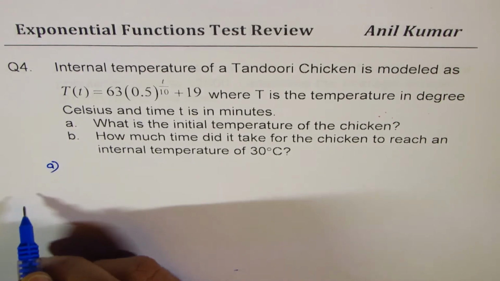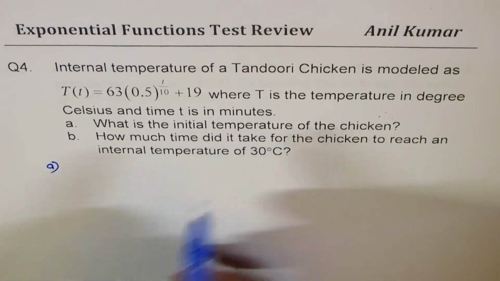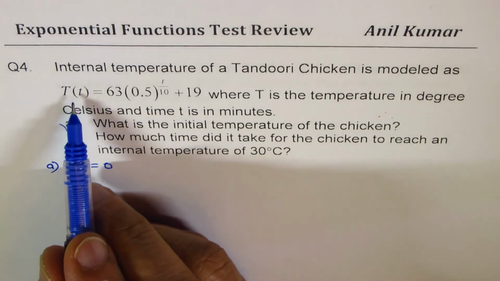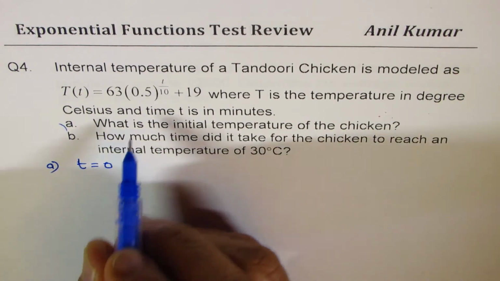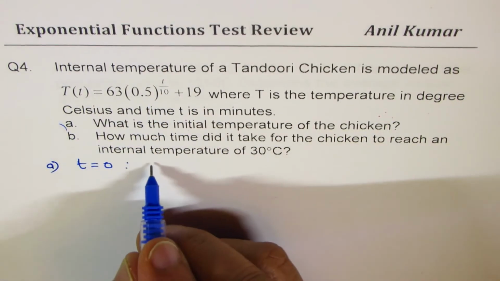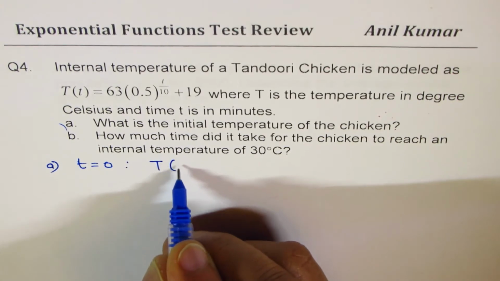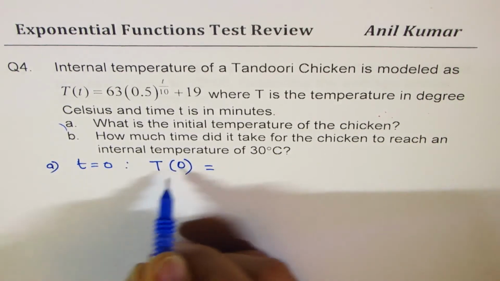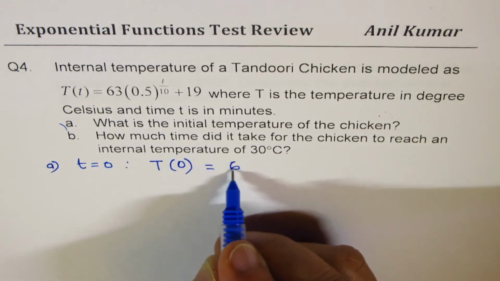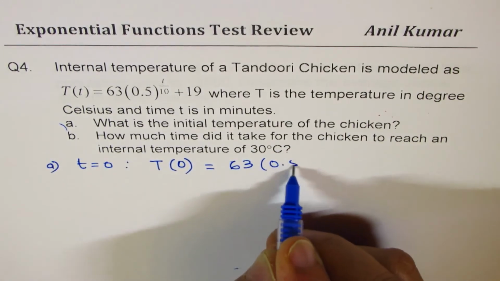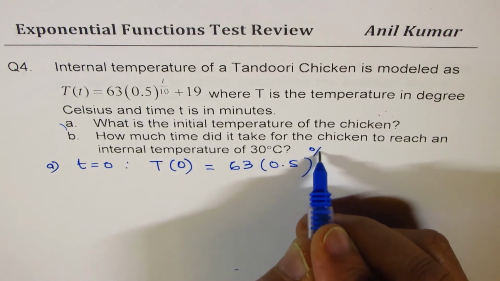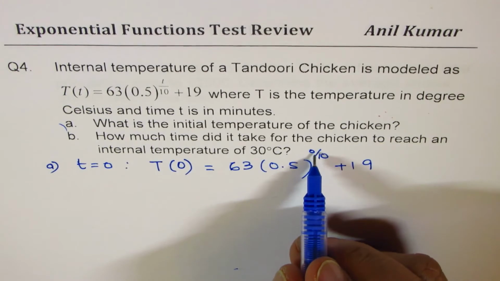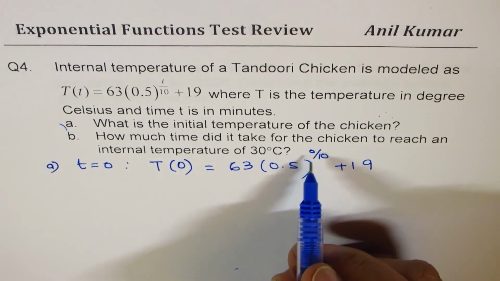So let's do part A. When we say initial temperature, it means time t equals 0. Is it okay? So let's figure it out. If I substitute lowercase t as 0, I get the temperature to start with, T of 0, is 63 times 0.5 to the power of 0 over 10 plus 19. Now anything to the power of 0 is 1, right?